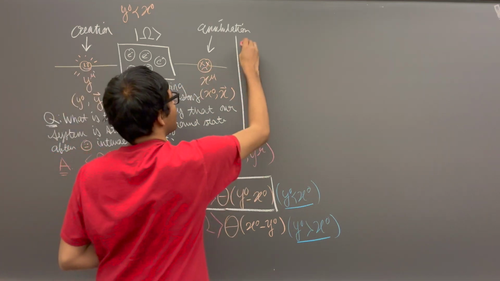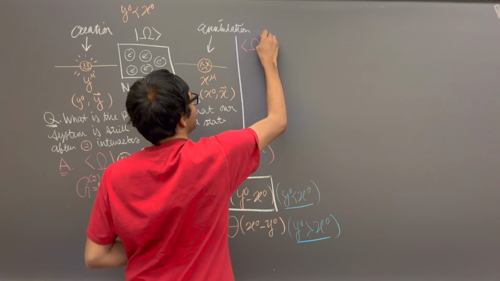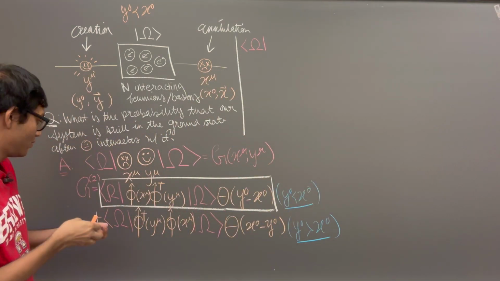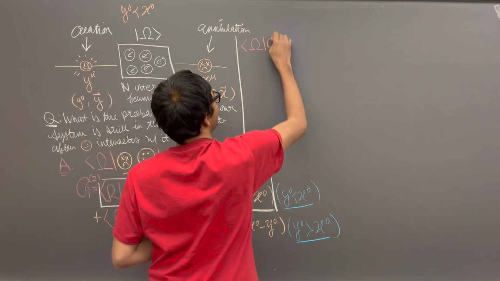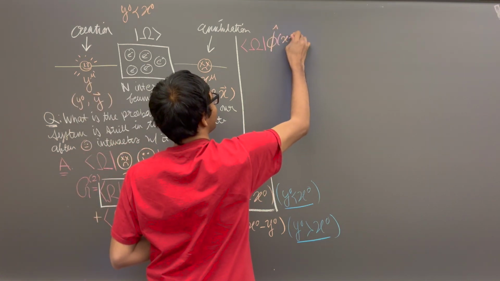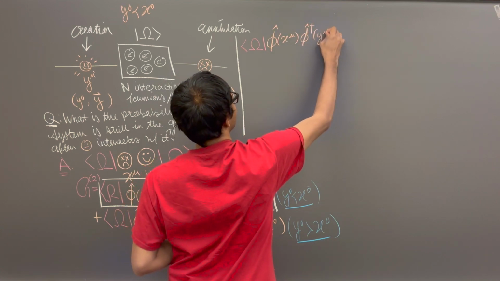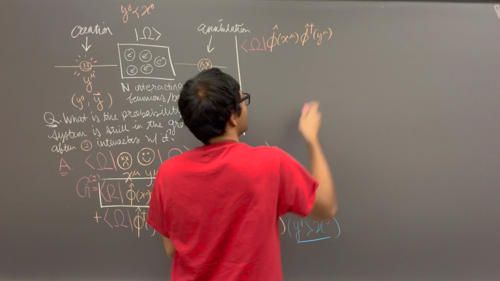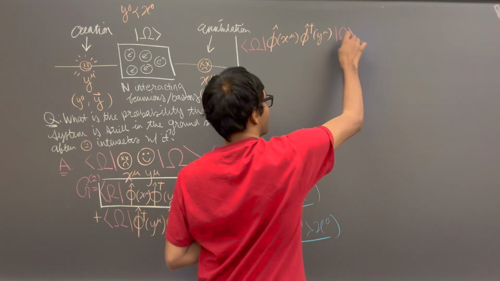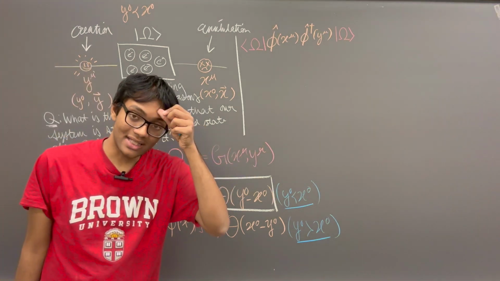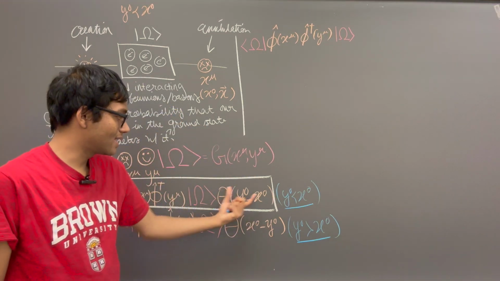So I've got my interacting system ground state, and we've got our scalar field operators, which are annihilating the particle at x mu and creating it at y mu. And we've got our initial state, which is also the ground state of our interacting system. I'm just going to ignore this causality for now because it is just added to this.